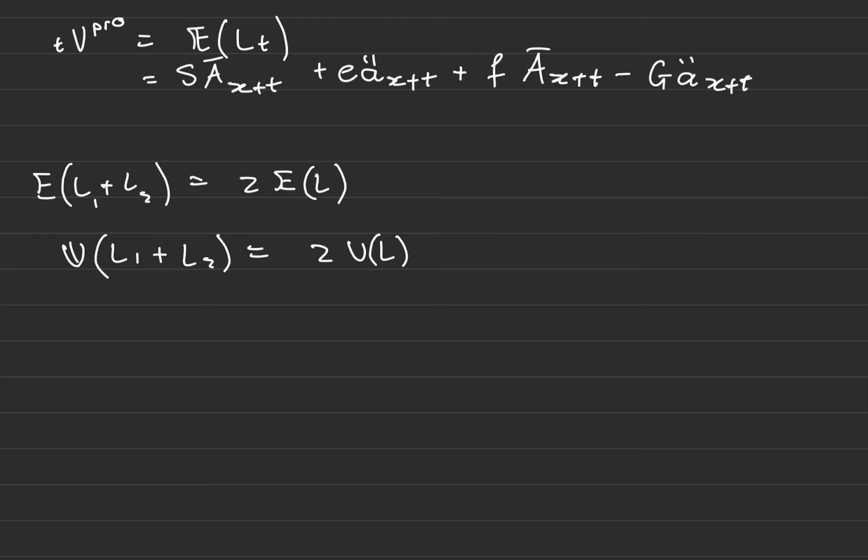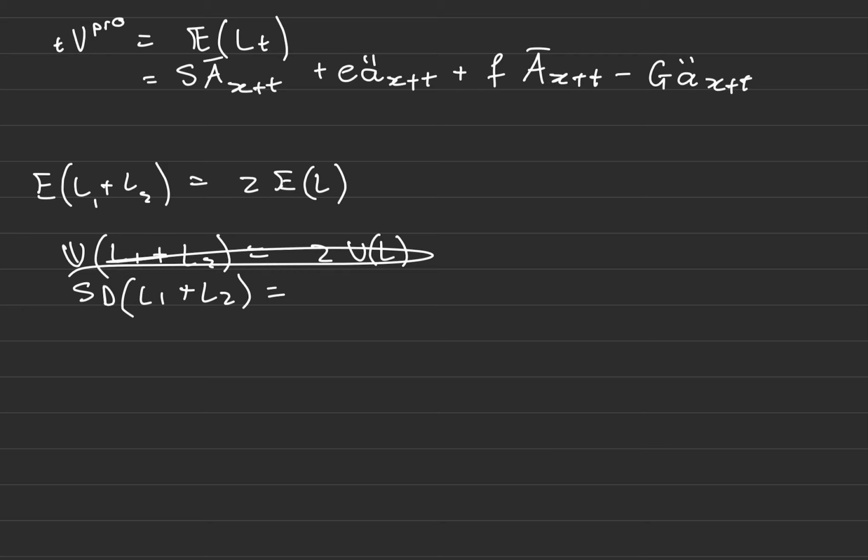Okay, you say to me that makes sense then. Okay, well then that means that the standard deviation of L1 plus L2 must be equal to the root of this, because standard deviation is the root of the variance.